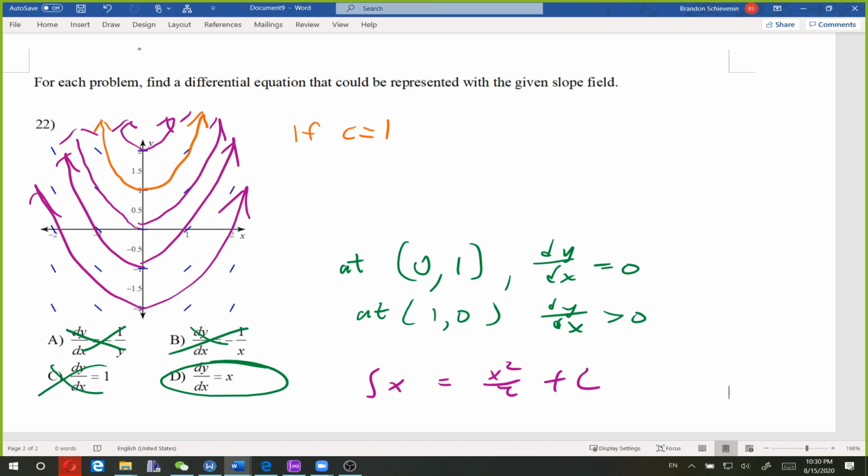Okay, so these slope fields are really graphing every possible equation, y in terms of x, all in the same graph. Okay, any questions on what they represent?